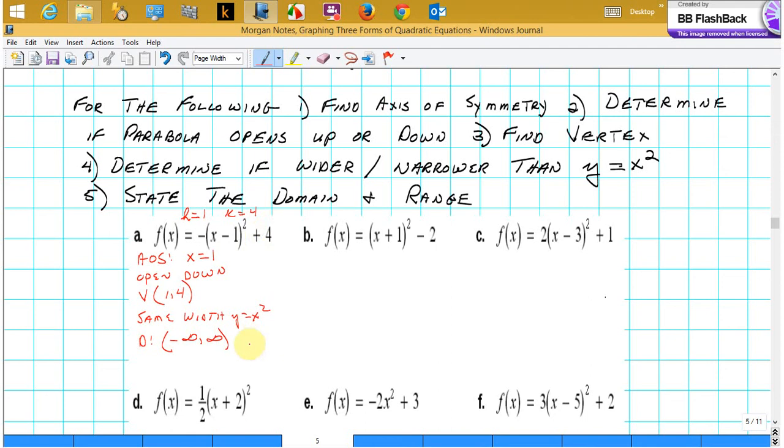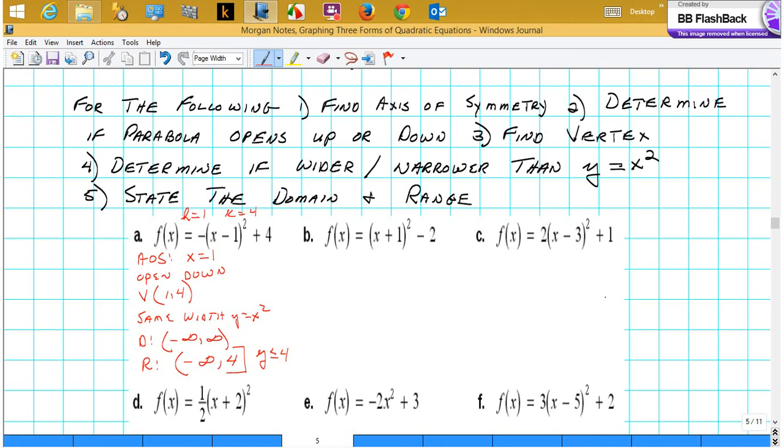That means if you can picture a parabola facing downward with the vertex up at 4 for the y value, we could see that the range then is going to be all the numbers that are less than or equal to 4. In interval notation, that means it's coming from negative infinity and it's going all the way up to where the y value is equal to 4. Remember, this is how we write interval notation. This would be y is less than or equal to 4.